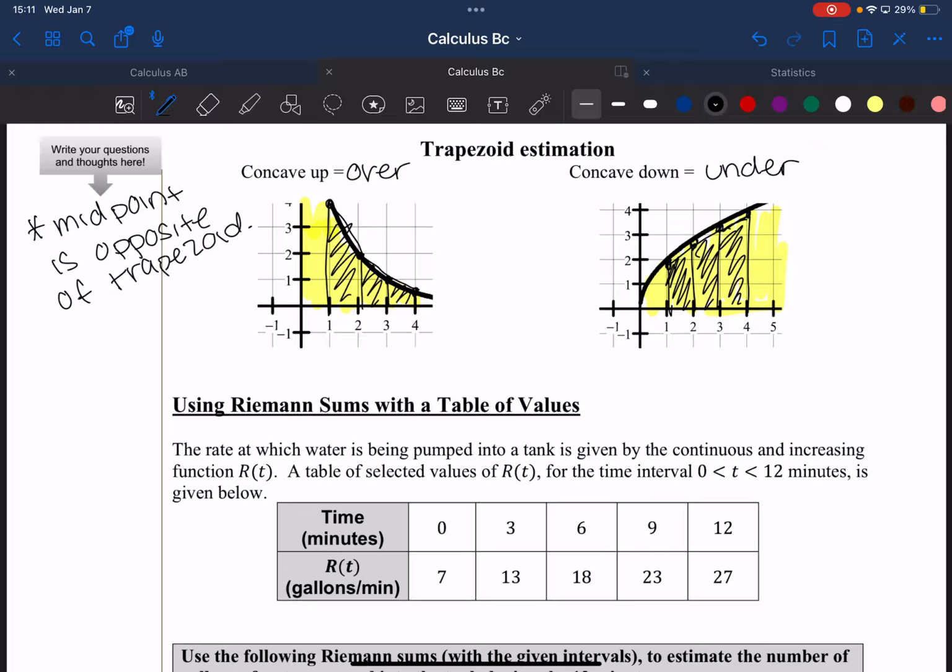Which means if we were doing a midpoint summation and we had concave up, would it be an over or under estimation? Under. And for concave down, it would be over. Okay, any questions on over and under estimation?